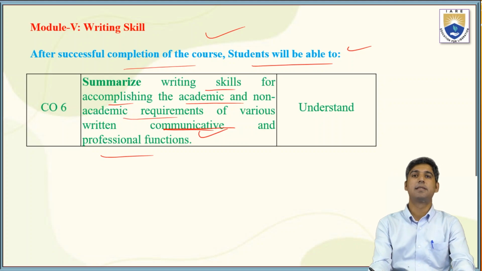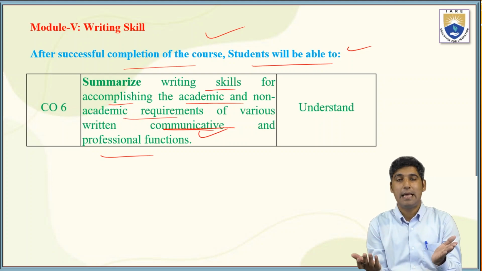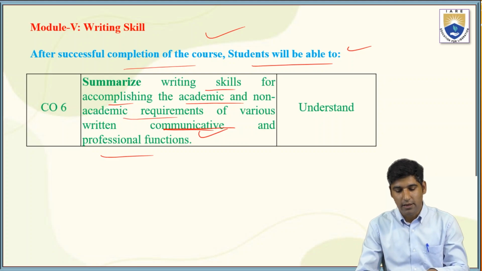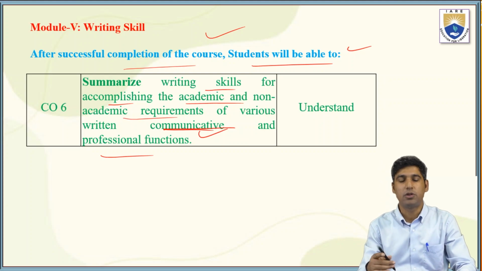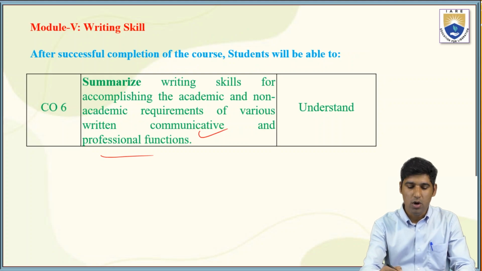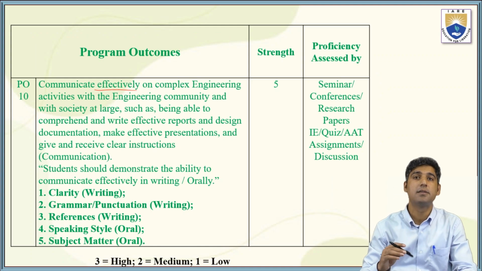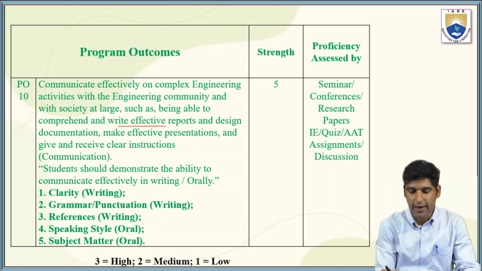When the syllabus ensures that you can speak clearly and fluently, that means this outcome is linked with the program outcome, because your program outcome wants students to be confident in speaking within engineering circles or with any community of people, to speak clearly, comprehend and write effectively, write effective reports and design documentation with effective presentation.